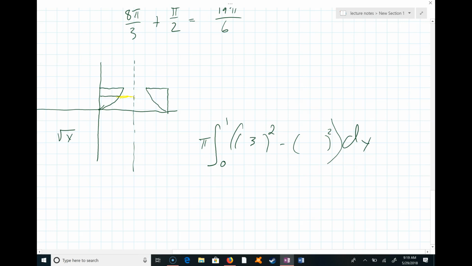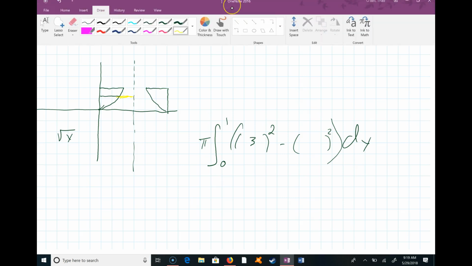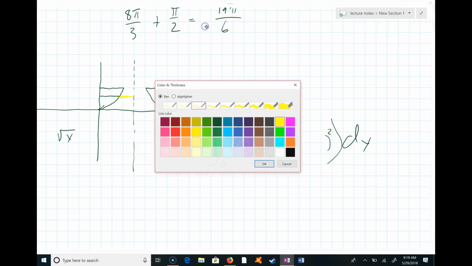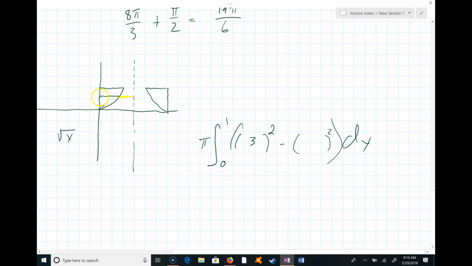And also, what we know is, I know some of you already have this figured out, but I'm taking my time to make sure we all get it. We also know this green line is 3, don't we? So we have 3 units there. The big R is 3. That's the green line, and that green line is made up of the dark green and the yellow, right?